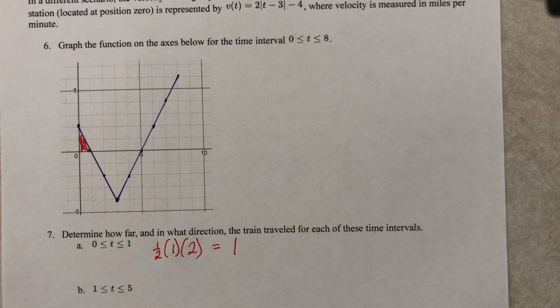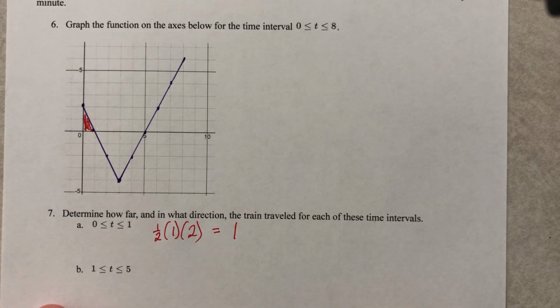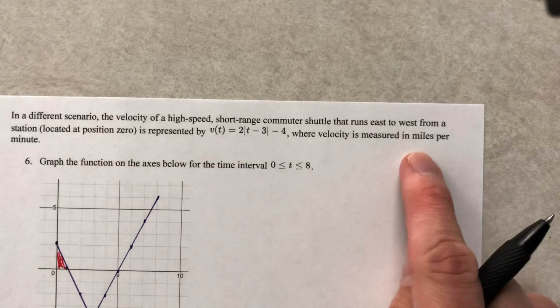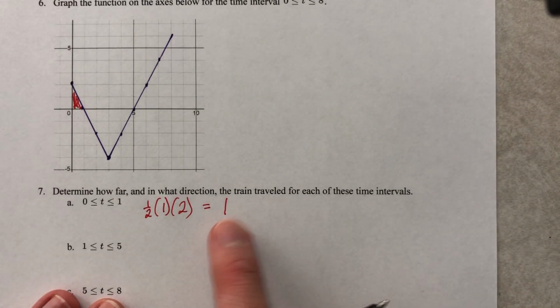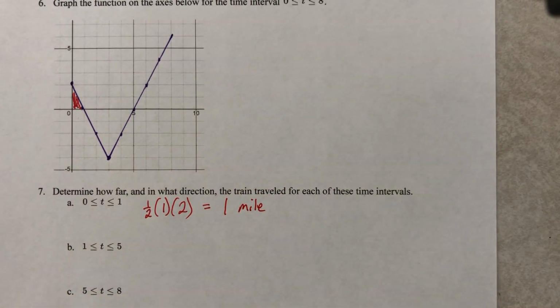Okay, 1 what? Well, let's look at the problem and make sure we're doing this correctly based on units. Miles per minute. We traveled, in the first minute, 1 what? Mile. Okay, which direction did we travel? Now east-west is important.